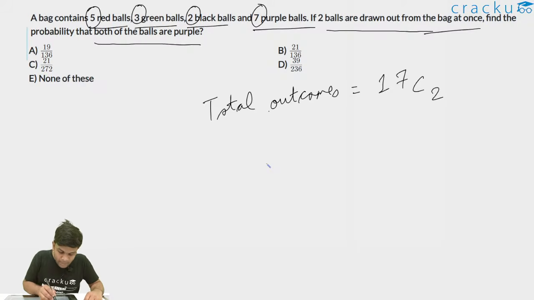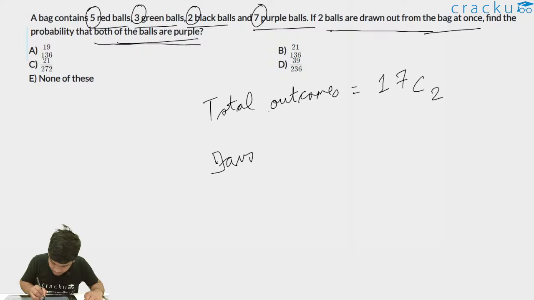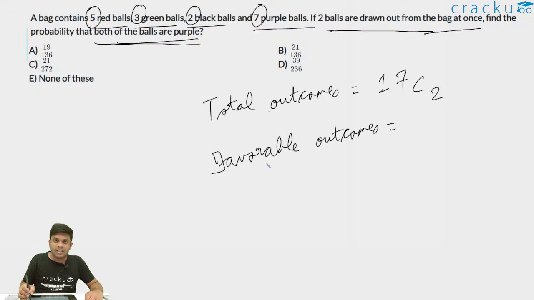Now we have to find the probability that both the balls are purple. So our favorable outcome will be that we have to select two balls out of 7 purple balls. So the total number of ways in which we can select the two purple balls out of 7 is 7C2.